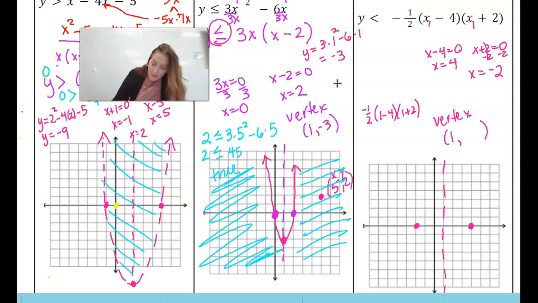So type all of that in. So negative 3 times 3 is negative 9. Half of that is a decimal, 4.5, positive. So I'm going to go over 1 and then up 4.5.